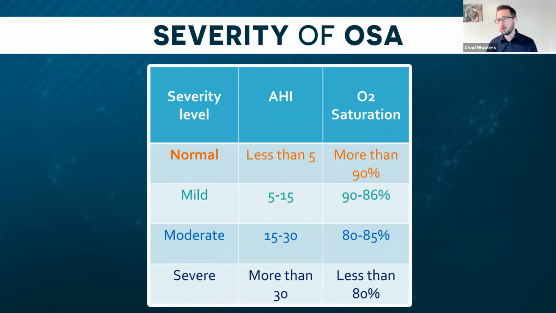So you stop breathing 5 to 29.9 times an hour. Those patients specifically, based on the Academy of Sleep Medicine's guidelines, can elect with a physician's recommendation to do oral appliance therapy as a first-line mode of treatment. Oral appliance therapy can be a dual primary recommendation for mild to moderate patients, along with CPAP.